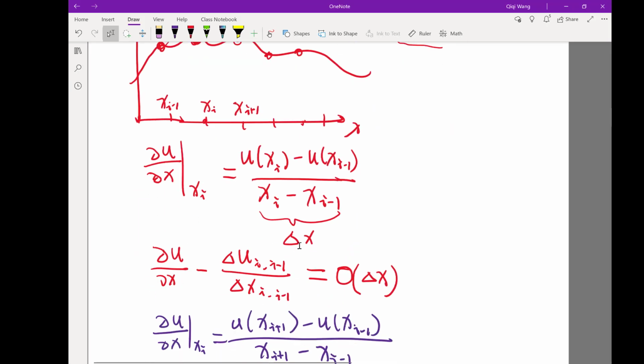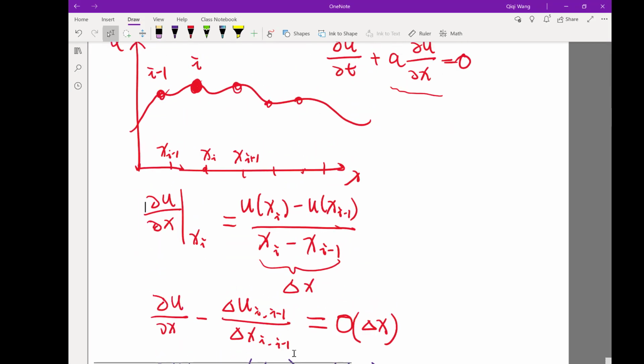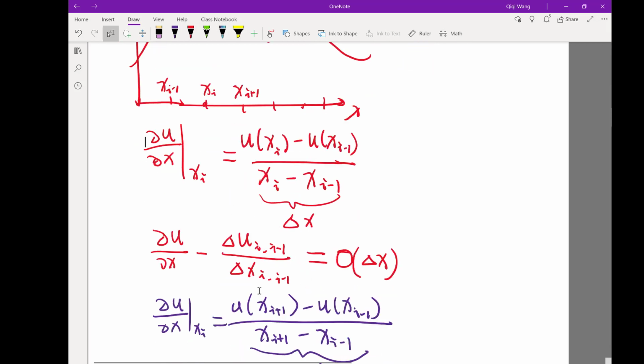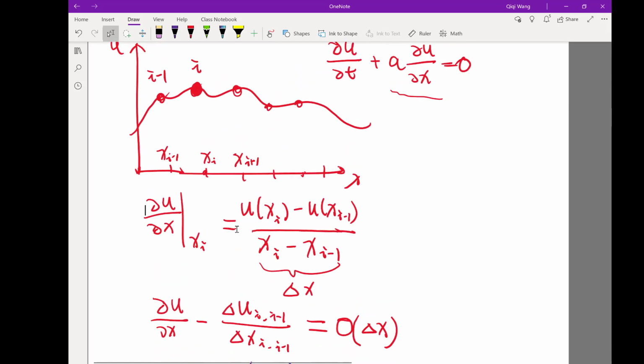So which scheme do we want to implement first? Let's implement the first order scheme first. All right. So to implement the first order scheme, we need to figure out, okay, what is my u on my left-hand side?